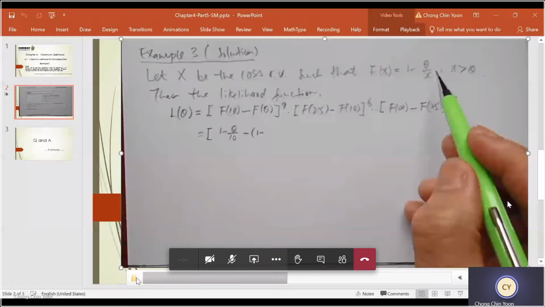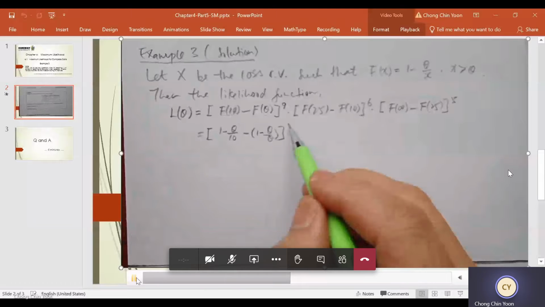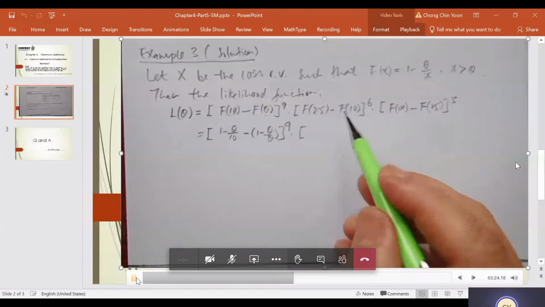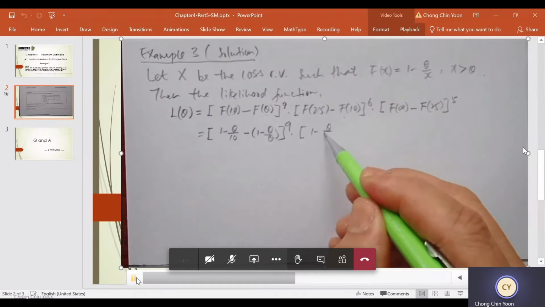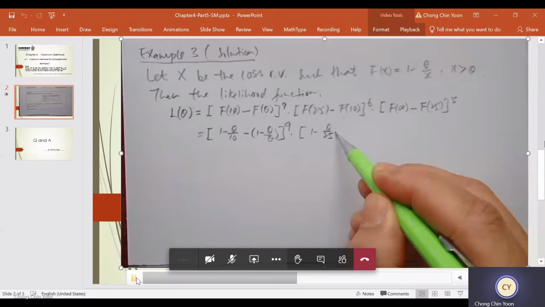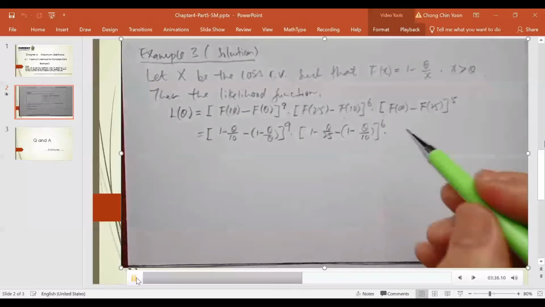1 minus θ over 10 to the power of 9, and the next factor will give 1 minus θ over 25, and minus 1 minus θ over 10 to the power of 6.